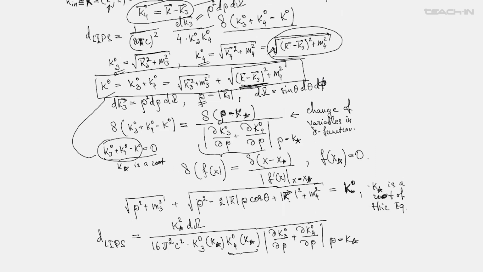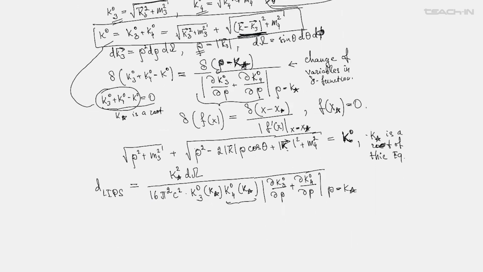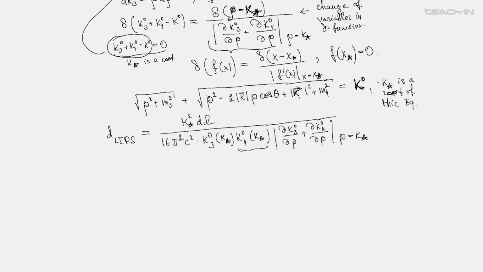You need to replace the modulus of k3 by k star. And this is what I'm writing here. So K30 is a function of k star and K40 is a function of k star.